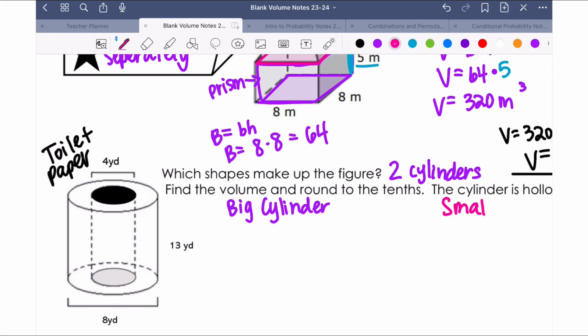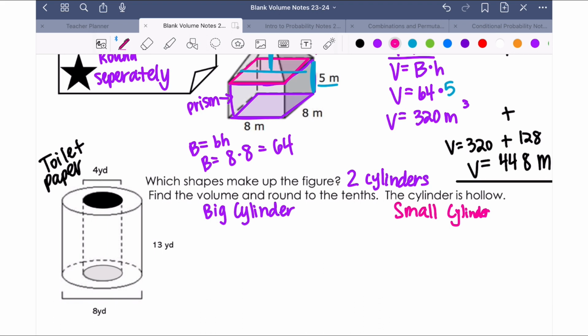Now, for toilet paper rolls, y'all know the inside here, where I have this black, that part is hollow. So the cylinder inside is empty. And so what are we going to have to do?